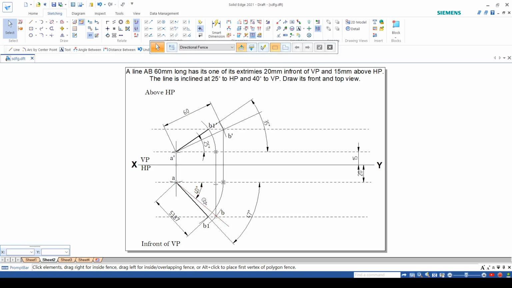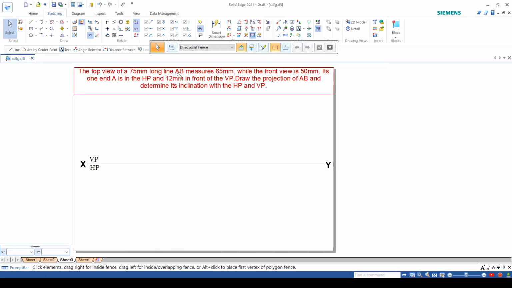So this is the top view. The top view of line AB of length 60 mm measures 53.87. Similarly, it would measure 65 mm.